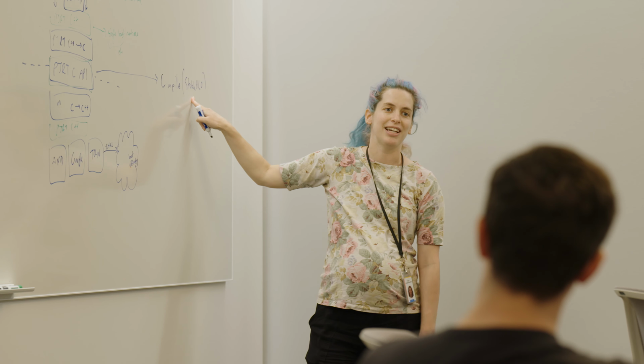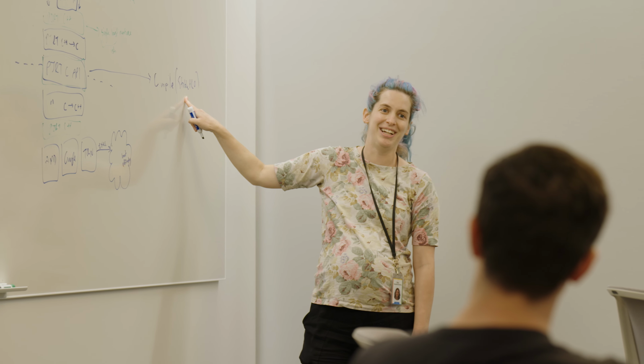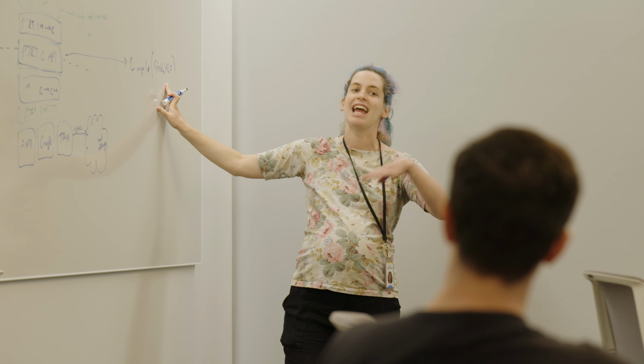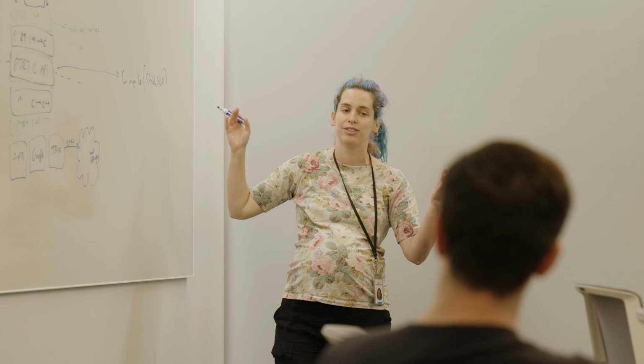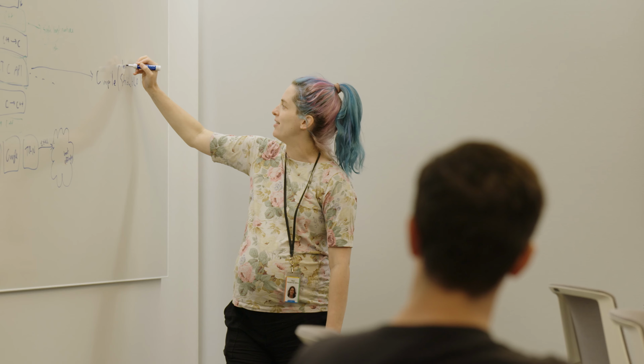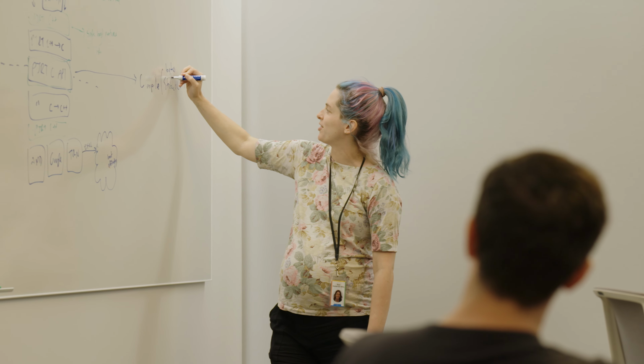PJRT doesn't even mandate that it's StableHLO, but in practice it is, because that's what these frameworks are going to stuff through PJRT. But in theory PJRT could support any program definition. It's just bytes from PJRT's perspective.